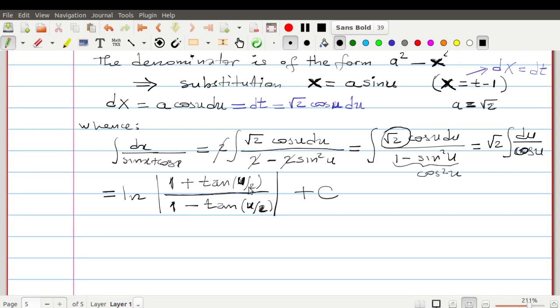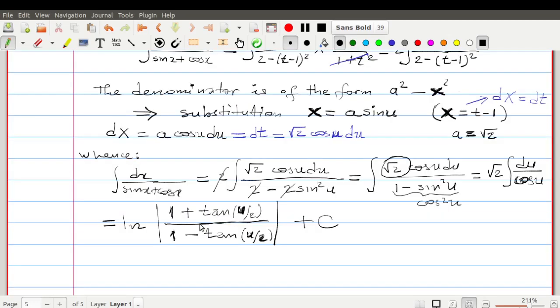Absolute value. But what is u? Obviously, if we want to compute u, it will be sine inverse of x by a. We put it there. X by a, we know what x is.